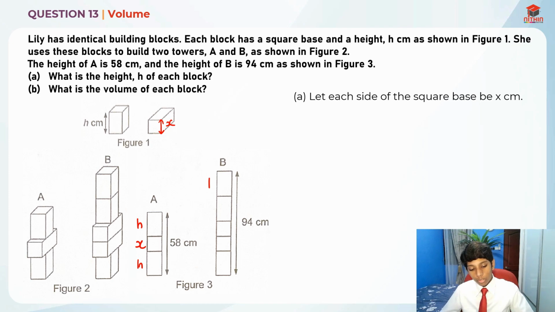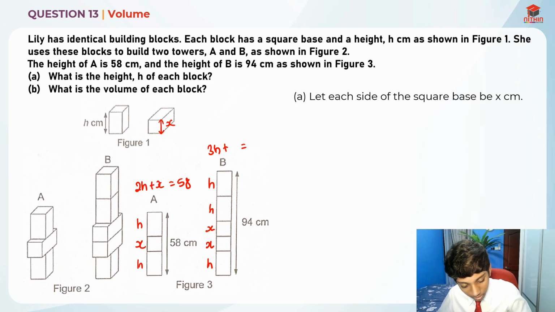So this is h, h, x, x, h. So this is 2 h's plus 1 x, which is equal to 58. And this is 3 h's plus 2x, which will give us 94.